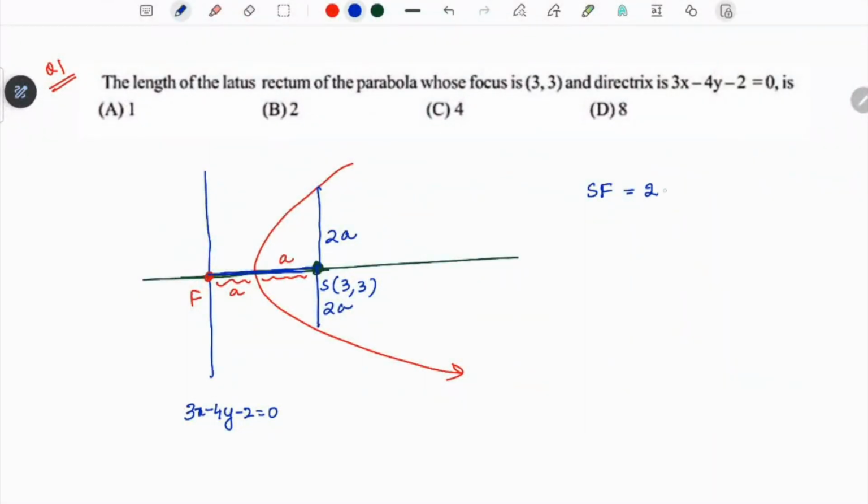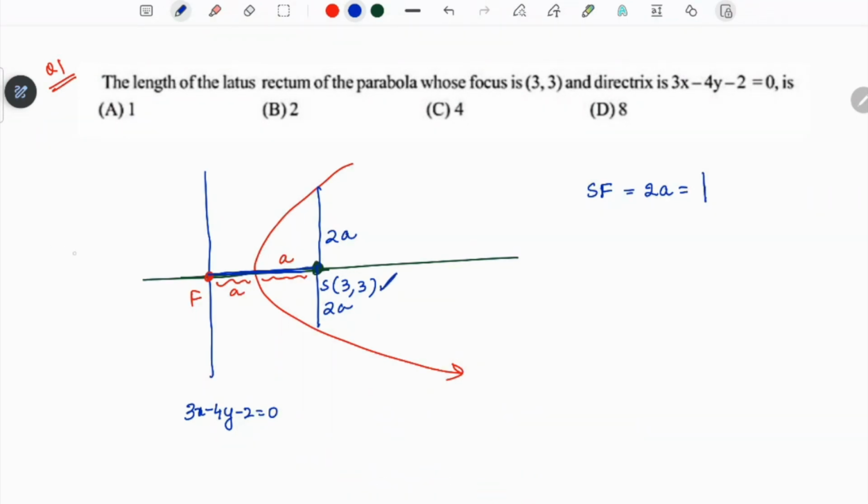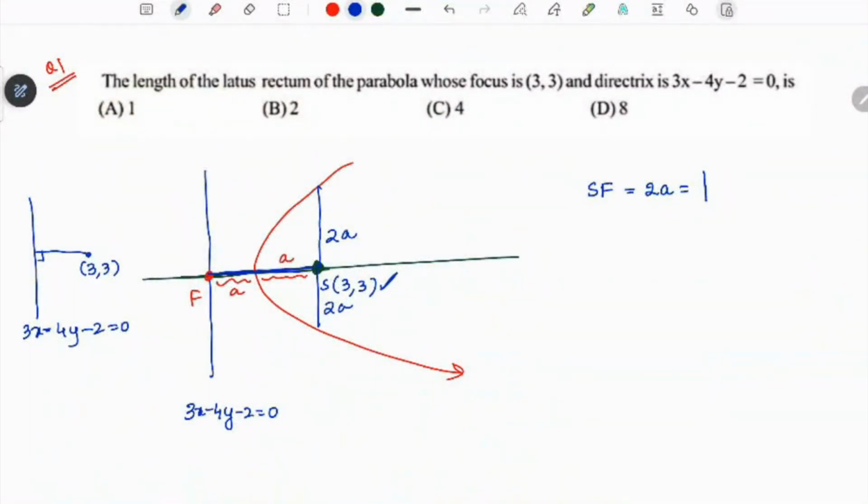The S to F distance, that is 2A. Calculate the S to F distance. This is the point, and the line is given. Point is (3, 3). Line is 3x minus 4y minus 2 is equal to 0. So substitute the point in the line expression: 3 times 3 is 9, minus 4 times 3 is 12, minus 2, divided by root of x coefficient square plus y coefficient square.